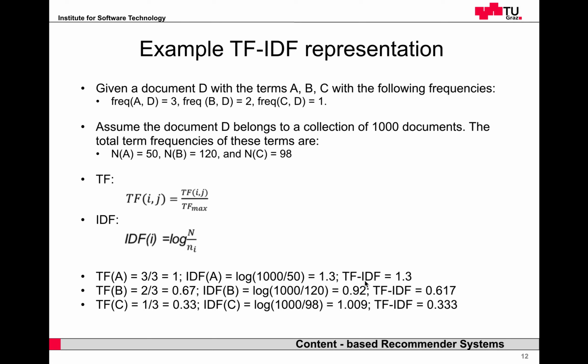Consequently, the TF-IDF of term A is the product of TF and IDF of term A, and we get 1.3. Similarly, we can calculate the TF-IDF of terms B and C as shown on the slide. So in this example, we can see term A has the highest weight. That means term A is the most important term in the document D.